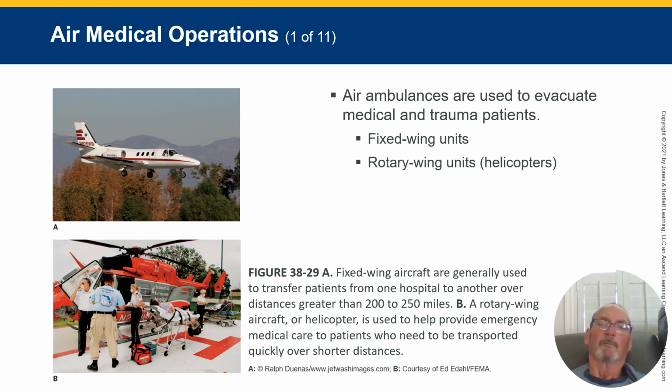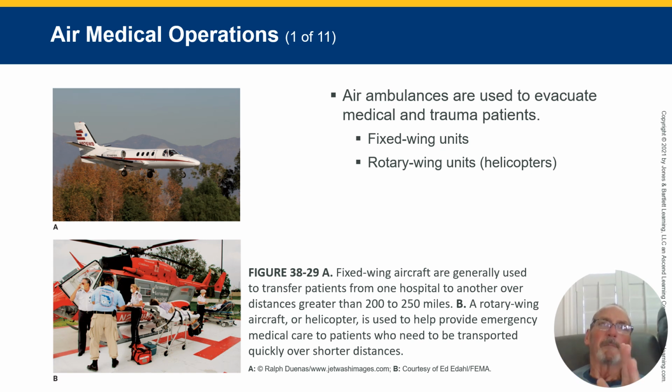Rotor wing is usually the biggest medical ambulance aircraft we have. Fixed wing is generally used to transfer patients from one hospital to another that are greater than 250 miles, as your airplane.